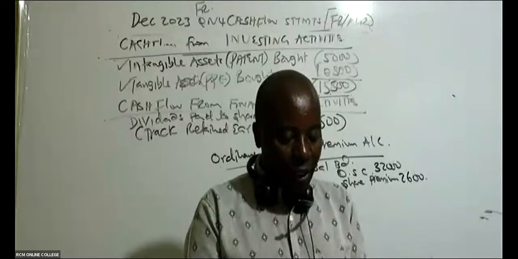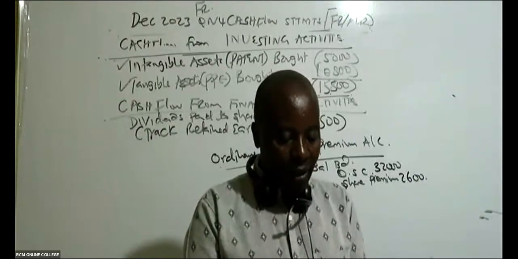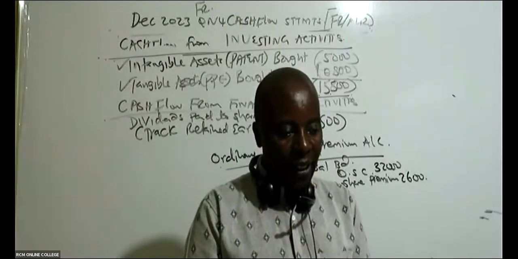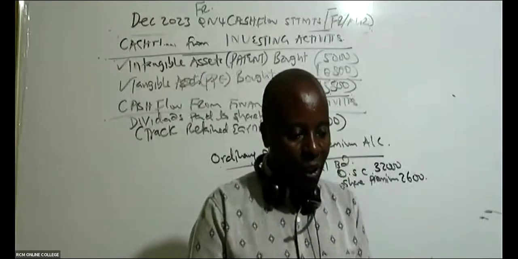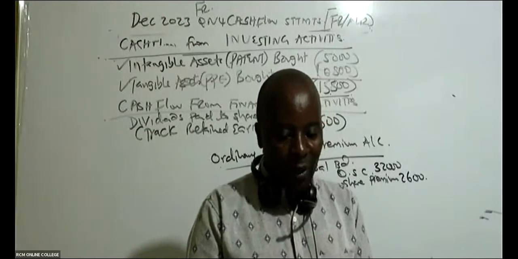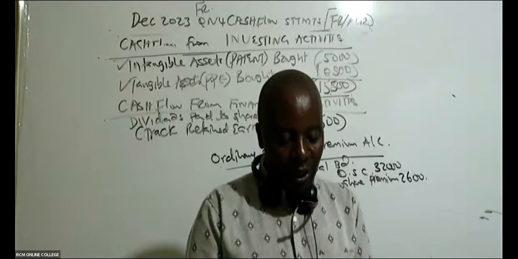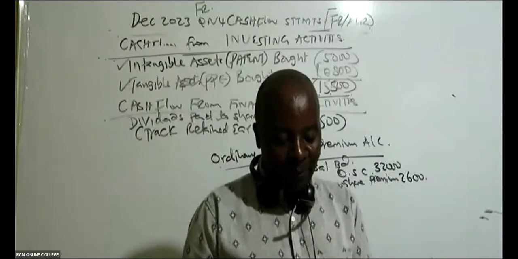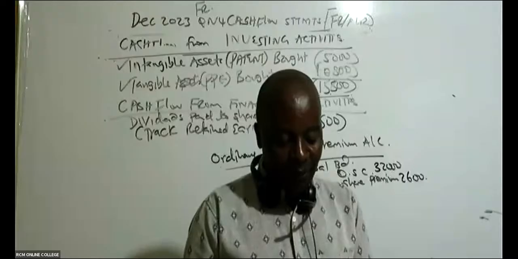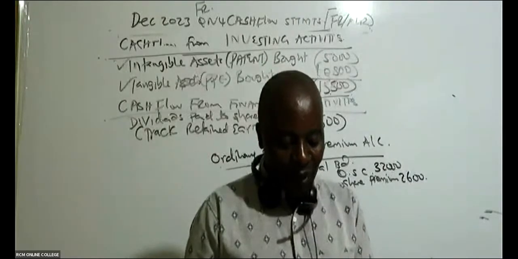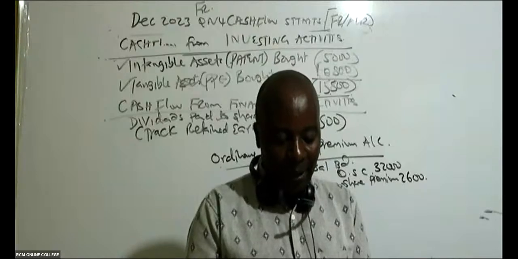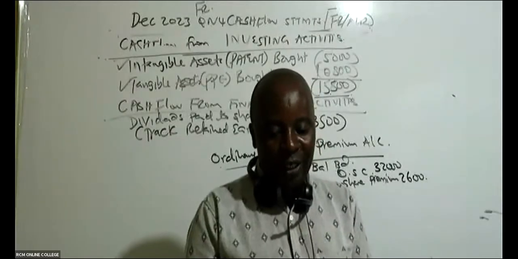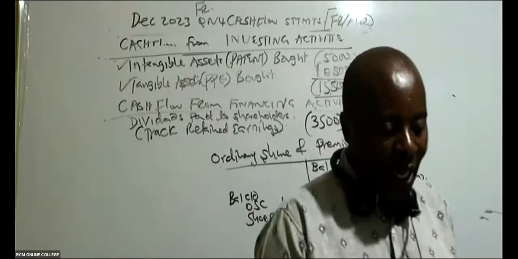Is there a place where they have told us that we issued new shares? Note number 3. These are new shares. The company repaid some borrowings which had matured during the year and issued new loans. Those are loans.